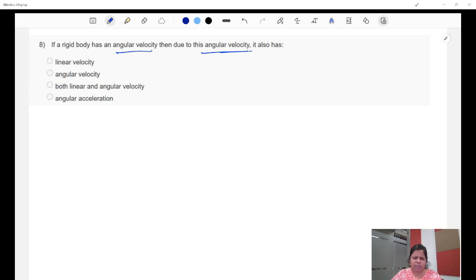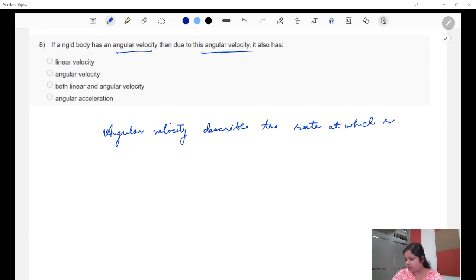So what is angular velocity basically? Angular velocity describes the rate at which a rigid body rotates about an axis.